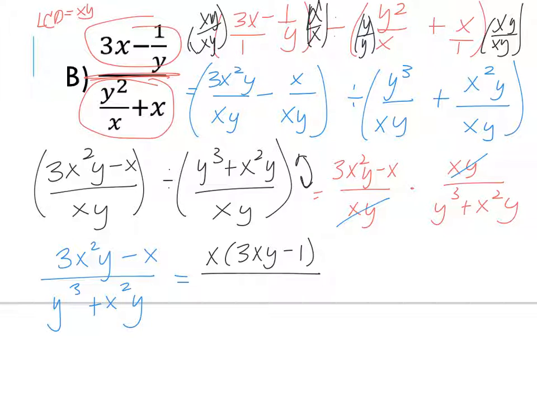And for the denominator, I notice my greatest common factor there is y. And so that'll leave me with y squared plus x squared. All right, and that's our final answer.